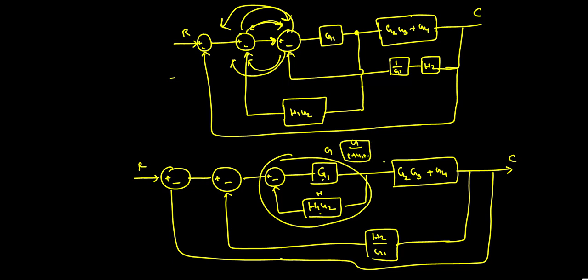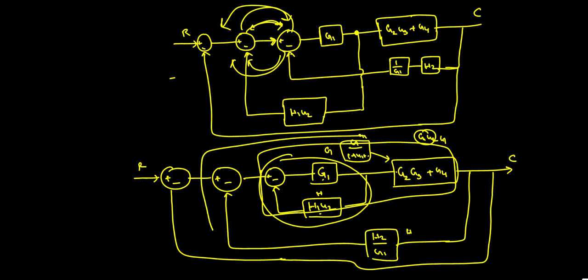Now this is in cascade with this, so this and this will be multiplied. Say this is G1, this is G2. These two will be in cascade and will come into one particular block, that is G1 G2. Now let me assume this G1 G2 again as G. This is with again H. Say this is again G by 1 plus GH form.